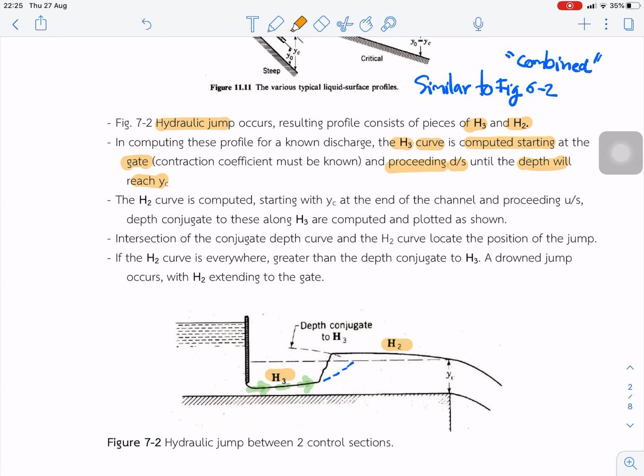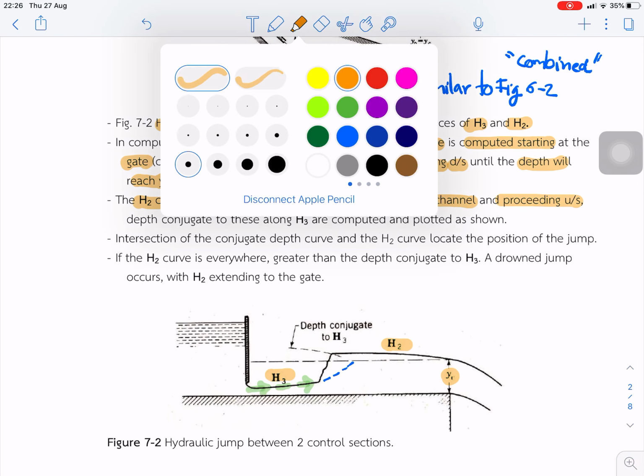Another curve, the H2 curve, is computed starting with YC. We start from this point at the end of the channel and proceed upstream, in this direction.